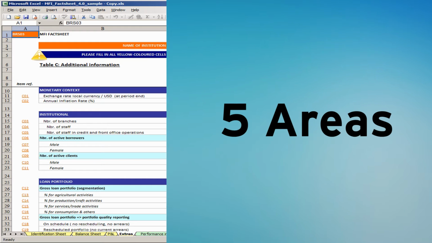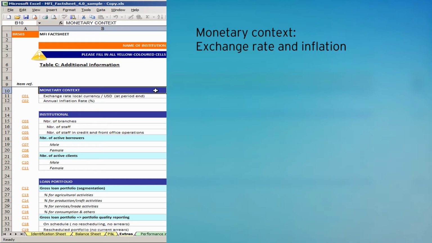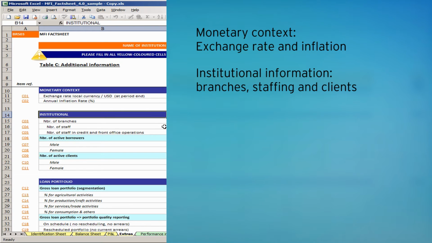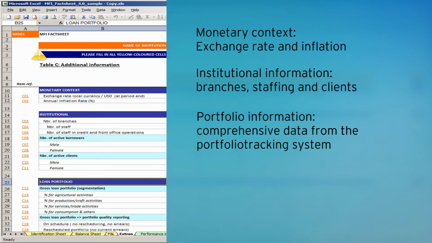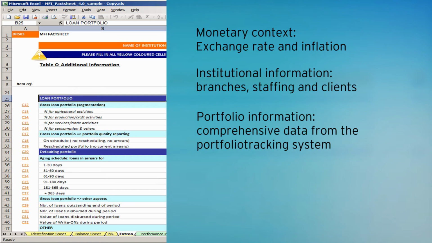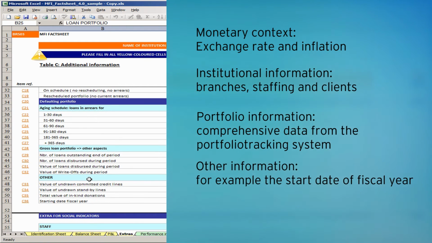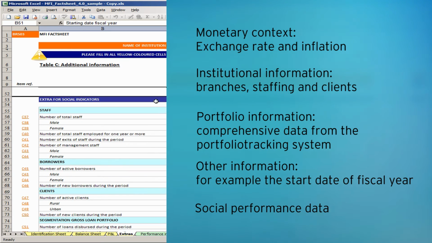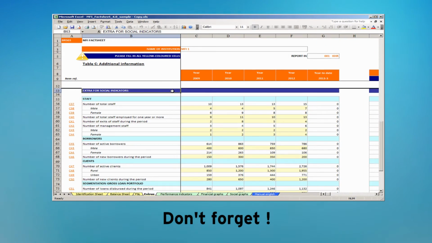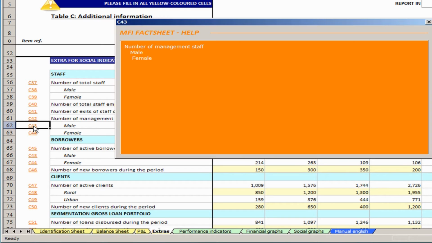This information is related to 5 areas: monetary context, exchange rate and inflation; institutional information, branches, staffing, and clients; portfolio information, comprehensive data from the portfolio tracking system; other information, for example, the start date of the fiscal year; and social performance data. Don't forget, comprehensive explanations on individual items are provided through pop-up screens, which can be accessed by double-clicking on the item reference.